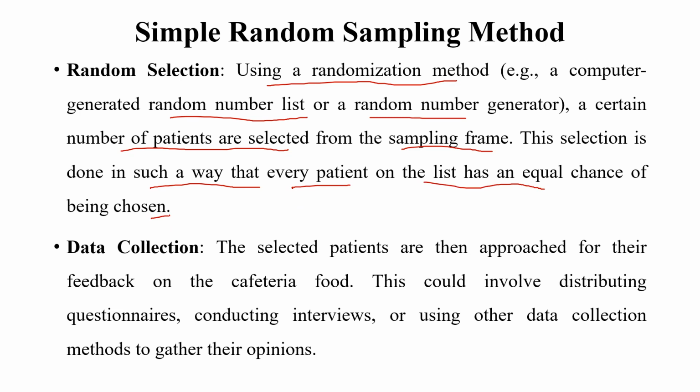After that, data collection: the selected patients are then approached for their feedback on the cafeteria food. This could involve distributing questionnaires, conducting interviews, or using other data collection methods to gather their opinions.